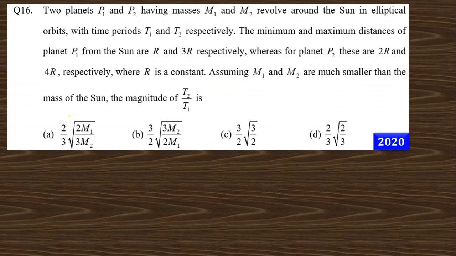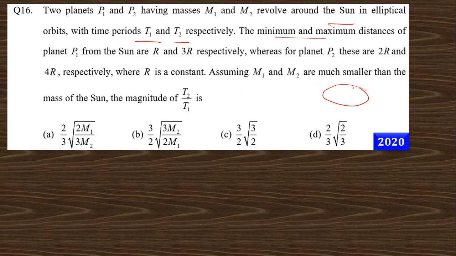Two planets P1 and P2 having masses m1 and m2 revolve around the sun in elliptical orbits, with time periods t1 and t2, and the minimum and maximum distances of P1 and P2 are given. So if we write this data, just imagine the time period.